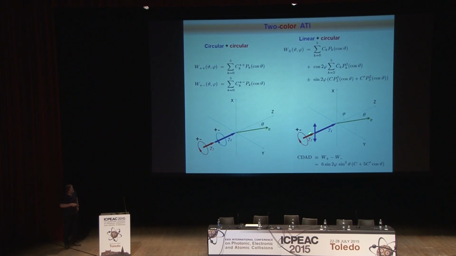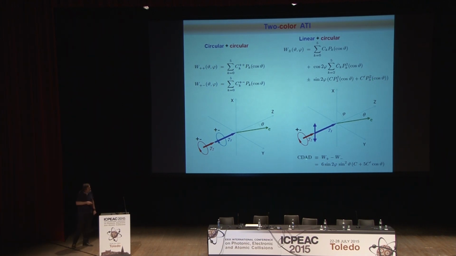Now, if we take, for example, circularly polarized infrared or optical laser and linearly polarized synchrotron radiation, we obtain another formula, of course, and we can also here distinguish even Legendre polynomials, which are responsible for the dipole part, and odd ones, which are responsible for the non-dipole part.